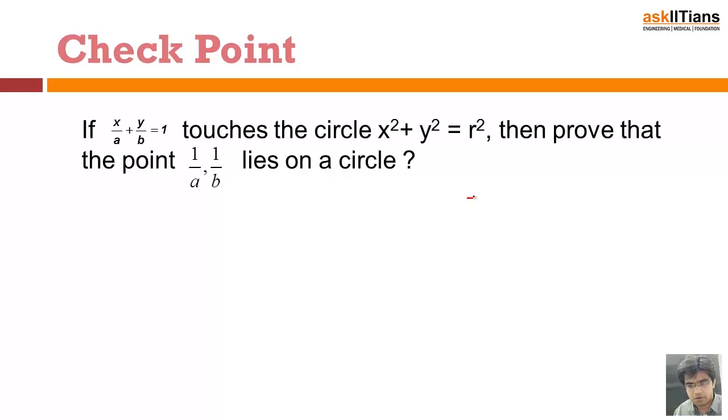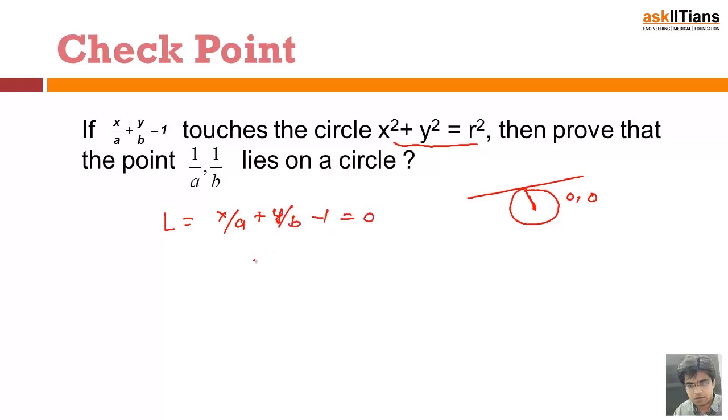Because there is a straight line which is touching the circle, now we know the condition that if it's a tangent, that means the perpendicular from the center will be equal to the radius, and in this case the center of the circle is 0, 0. So our equation L is actually x upon a plus y upon b minus 1 is equal to 0.